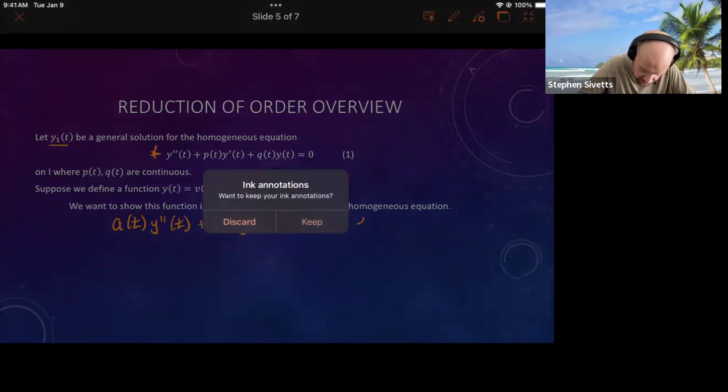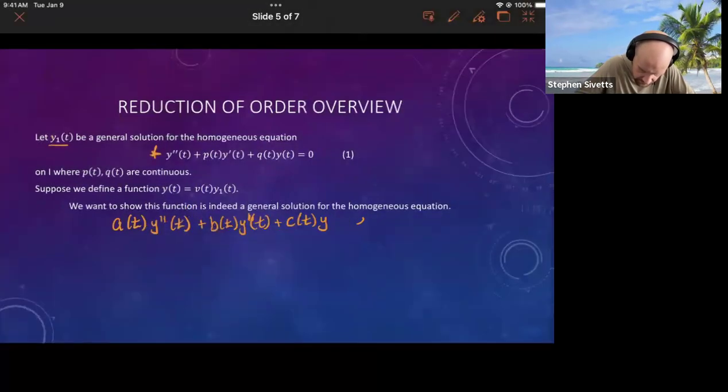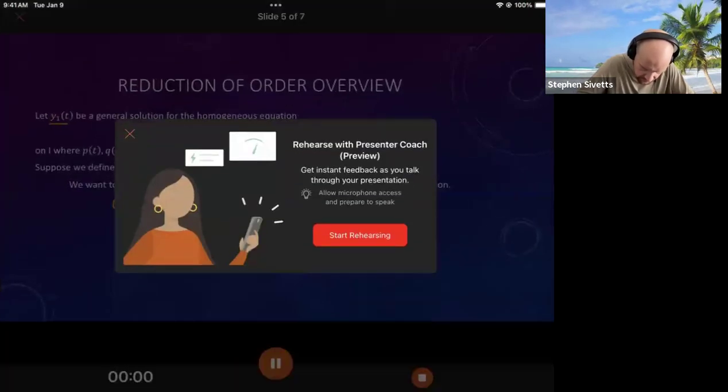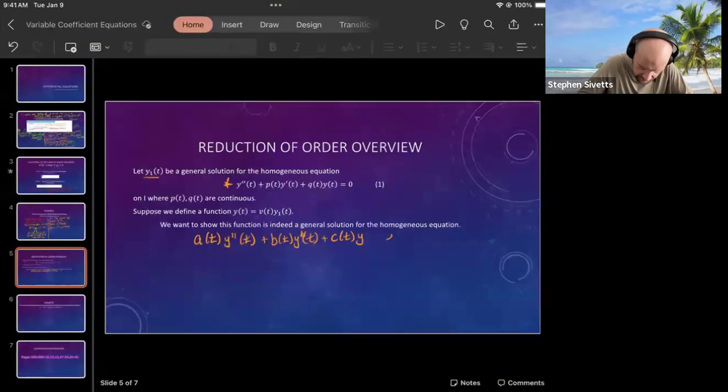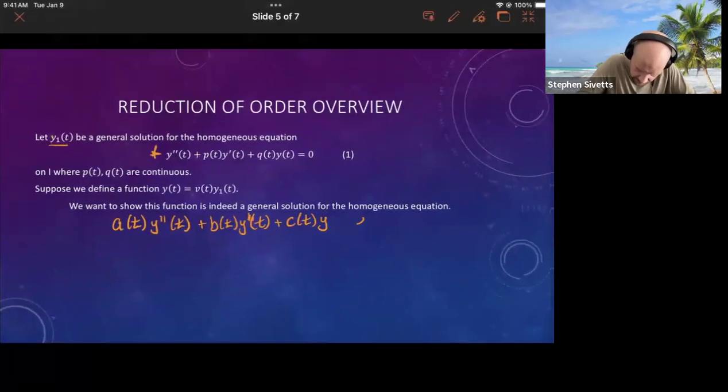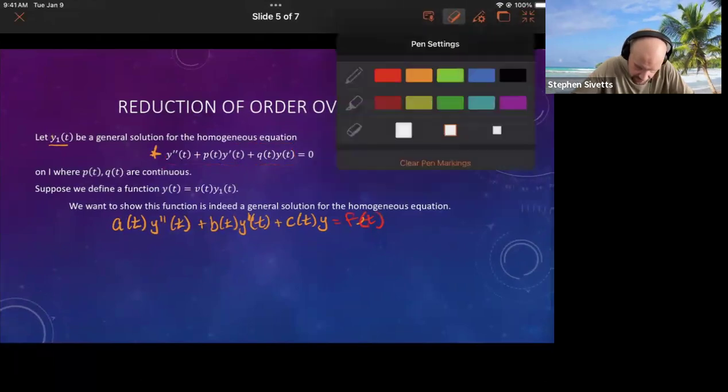So what I meant here is, this is equal to a function f of t, sorry about that. And if you divide both sides by a of t, we'll just get this formulation on the left, right? And they're assuming y1 of t is the solution for the homogeneous equation, right?